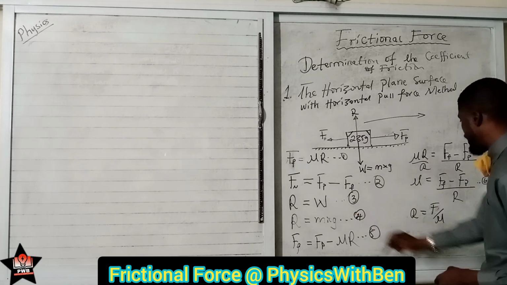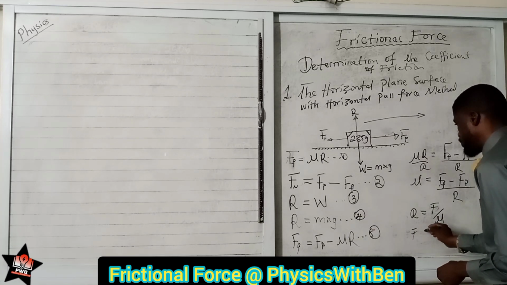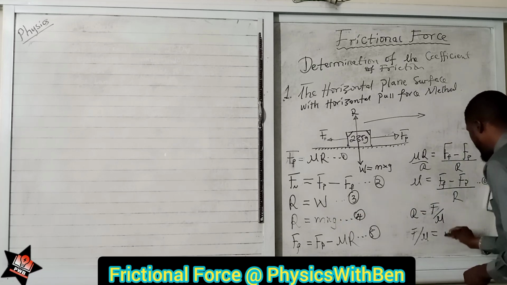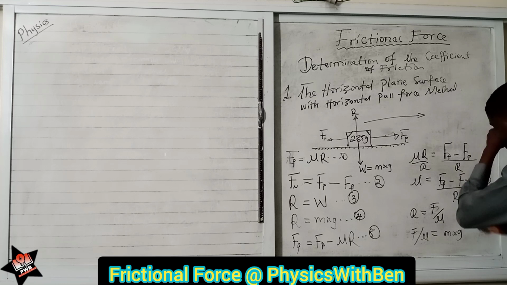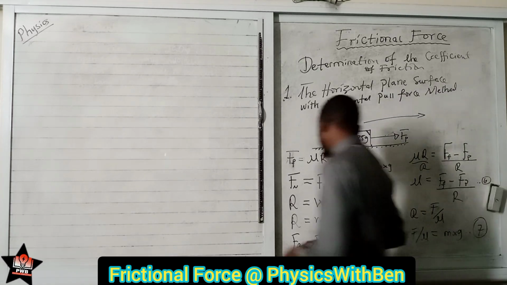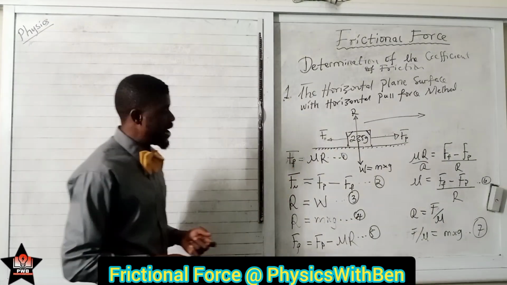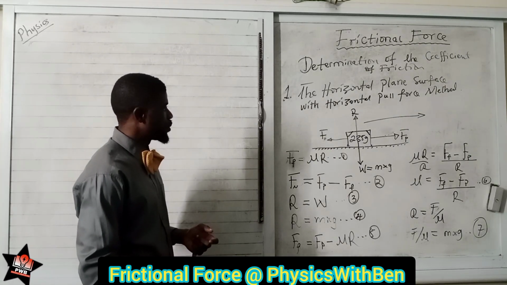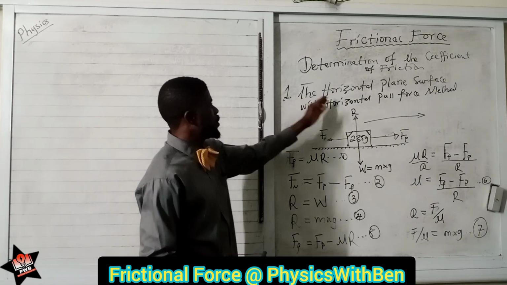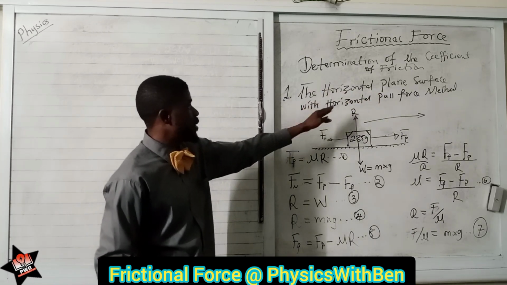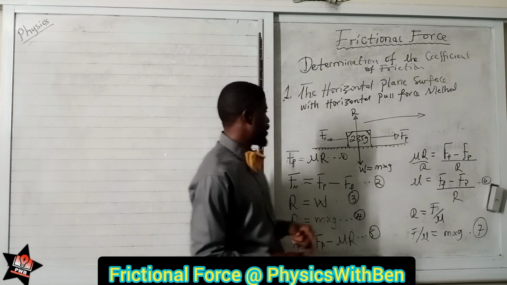So we are free to write that frictional force all over mu is equal to mass times gravity. So you also make mu the subject of the formula, and this is our equation number 7. So this is how we can find the coefficient of static friction using the horizontal plane surface with horizontal pull or push force method.